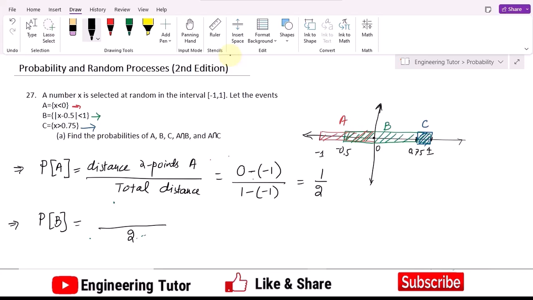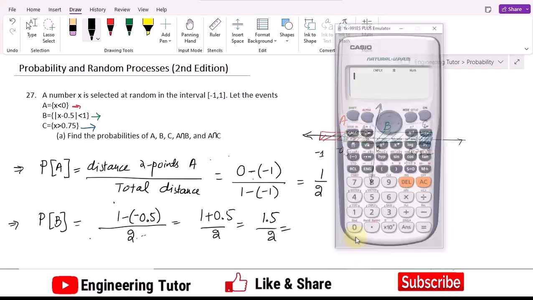So it can be 1 minus 0.5, which is 1 plus 0.5 divided by 2. So it would be 1.5 divided by 2.